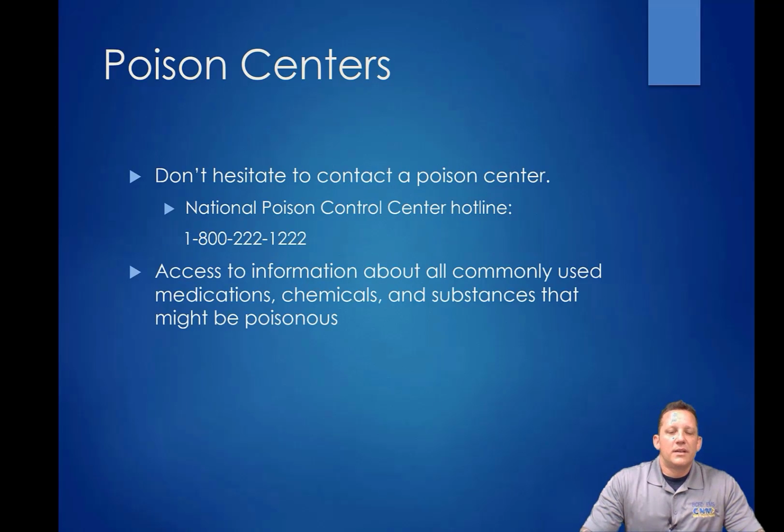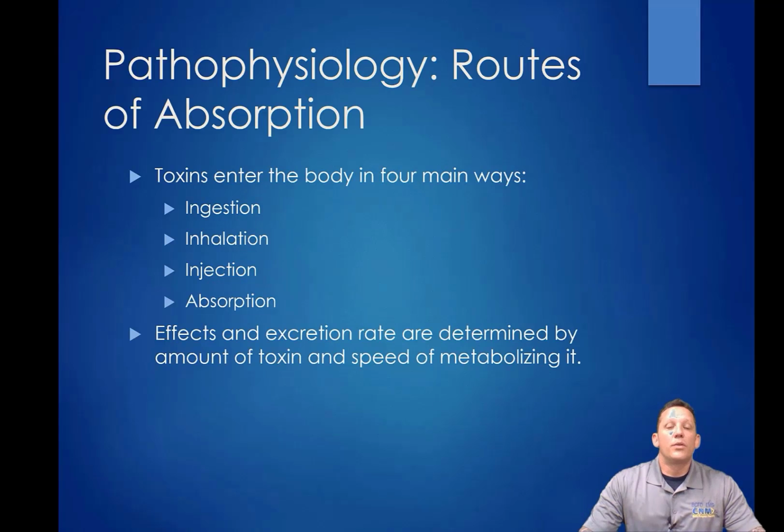Poison control centers are available to everybody, be it EMS provider or the layperson. The National Poison Control Center hotline number is 1-800-222-1222. So a little about the pathophysiology, or the routes of absorption. There are four main ways that toxins can enter the body: ingestion, inhalation, injection, or absorption.